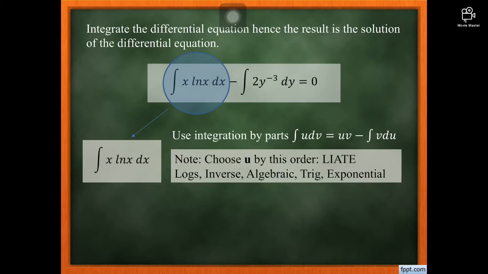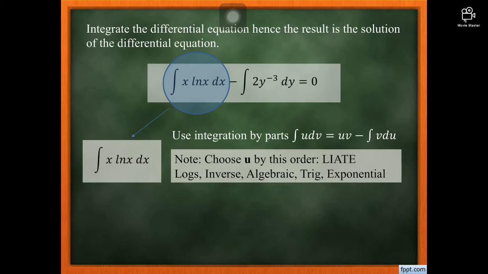Take note that we need to choose u by this order, LIATE, which means logs, inverse, algebraic, trig, exponential. So we need to choose log first if there is a log, and then inverse, algebraic, trig, exponential. So the priority is in the order of LIATE.